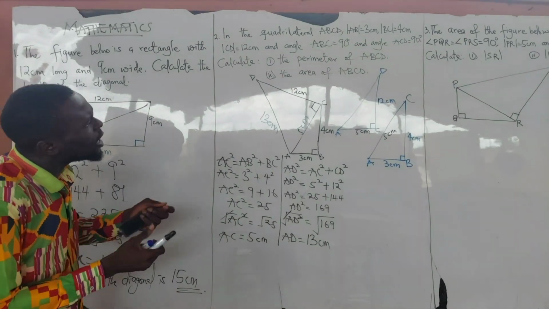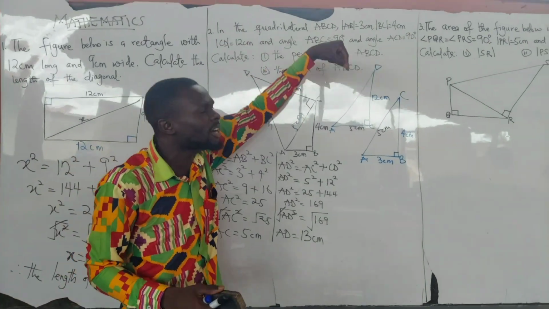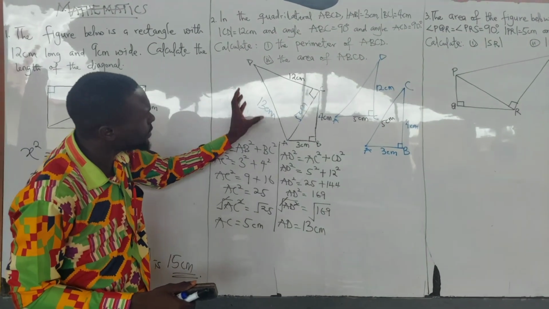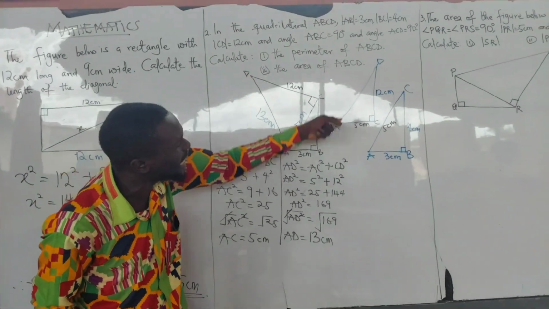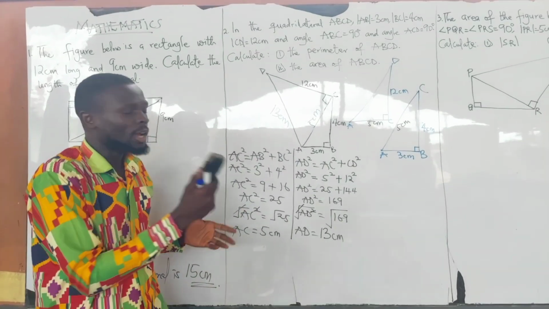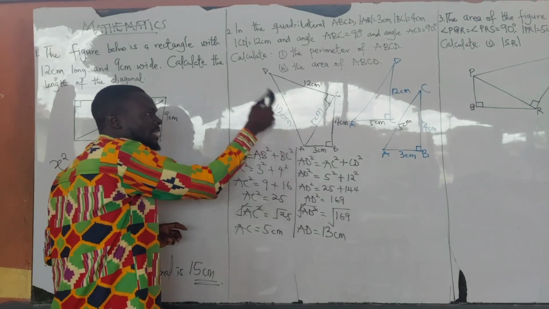So I can now calculate the perimeter of this quadrilateral. But you notice that before we can even calculate the perimeter, we need all the distances, because perimeter is the distance around the figure. So I have this, I have this, I have this, but I had not been given this.